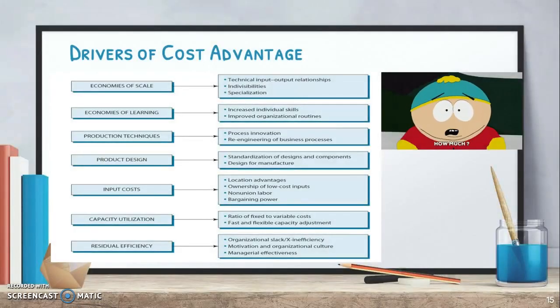The drivers of cost advantage: we have the economies of scale, more production, you can make things cheaper. Economies of learning, increase individual skills, improve organizational routines, production techniques, product design, input costs, capacity utilization, residual efficiency. All this overall is to try to make it as good as you can at a lower price, because if your cost is going to be high, you cannot charge low for your product.